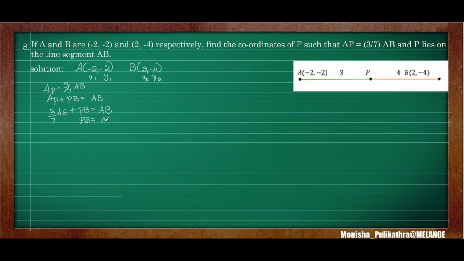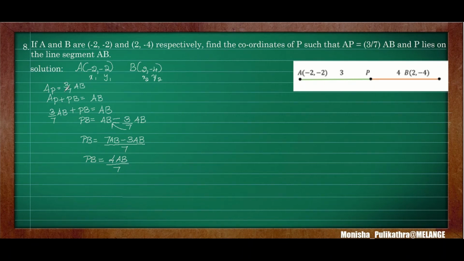So PB is equal to AB minus, if we shift this side, 3/7 AB. So PB is equal to, if we cross multiply, (7AB - 3AB)/7. So PB is 4AB/7. So this is the value for PB.